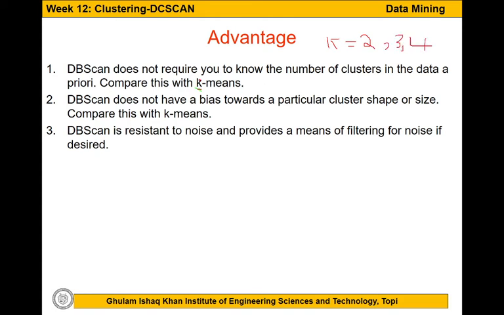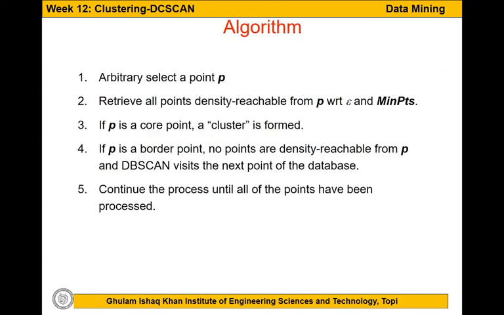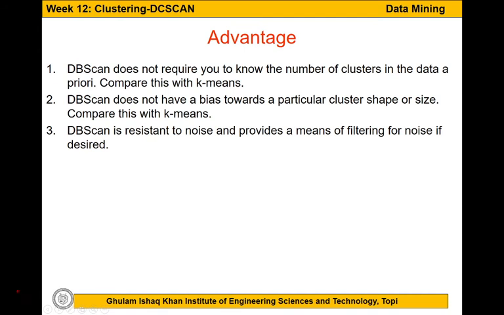Here we need not have an initial guess about the number of clusters in the data. So this is an advantage, but of course we will have to give parameters to the algorithm: the epsilon, the radius, and the minimum number of points. These two will be provided to the algorithm.